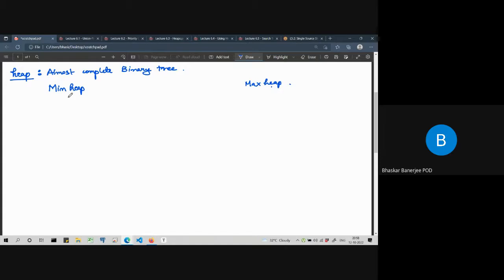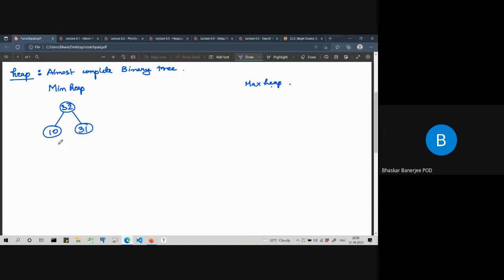Min heap means that each and every parent node must have a value which is lesser than both of its child nodes. So let's say I have 32 as this node. I can have these two nodes as some value which is lesser than 32. So let's say I have 10 and let's say 31.